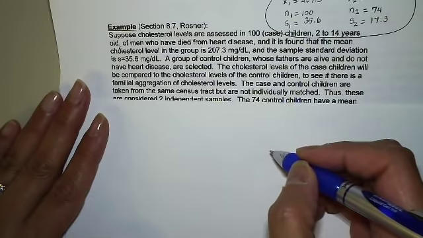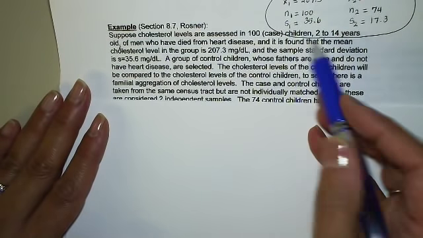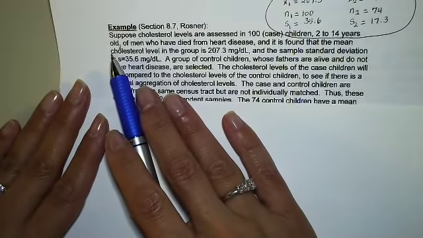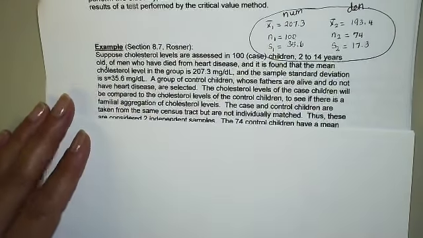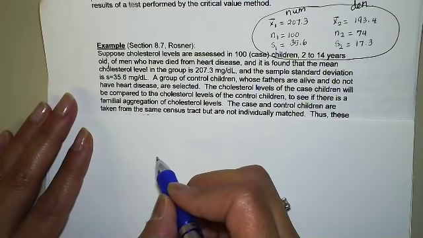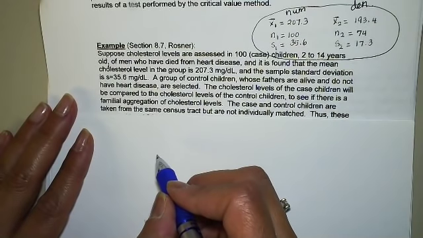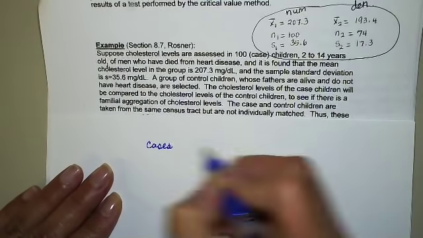Suppose cholesterol levels are assessed in 100 case children, 2 to 14 years old, of men who have died from heart disease, and it is found that the mean cholesterol level in the group is 207.3 milligrams per deciliter.